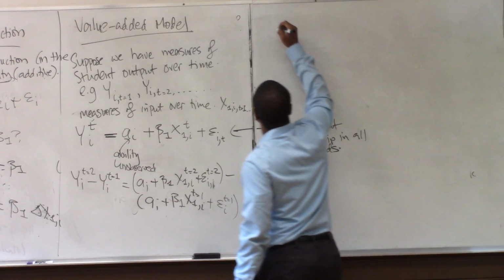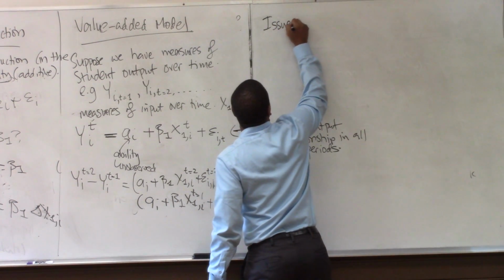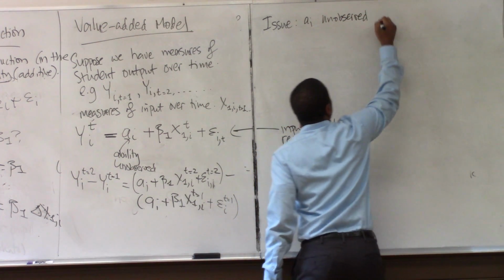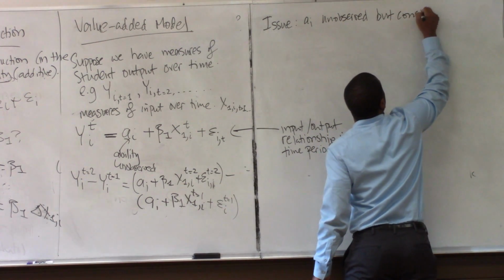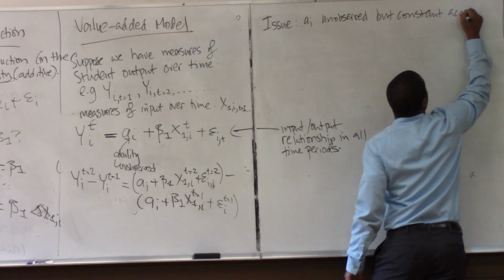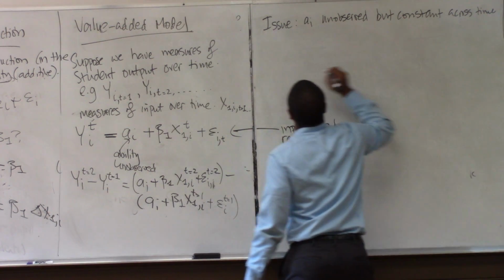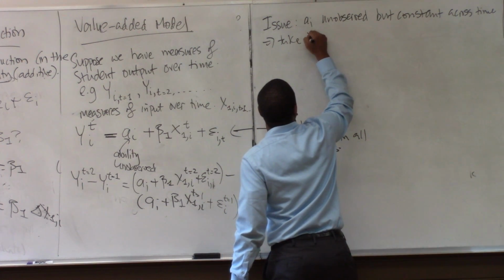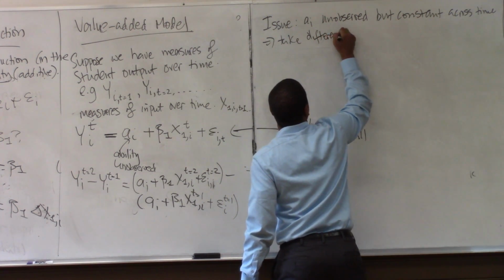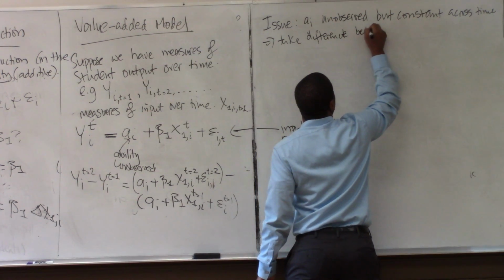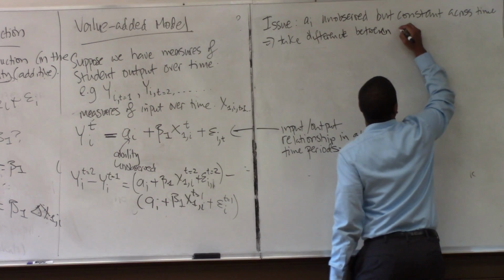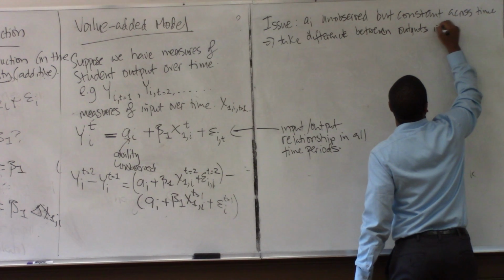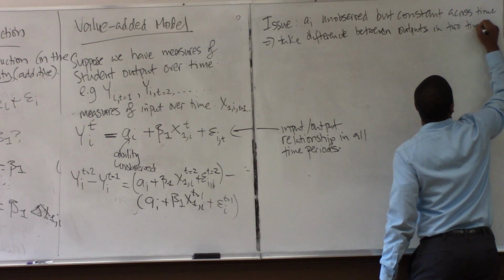And so the issue is alpha i is unobserved, but constant across time. So we just take the difference between outputs in two time periods.